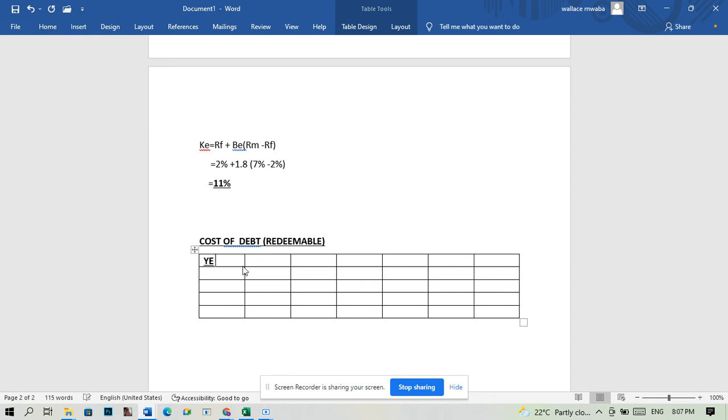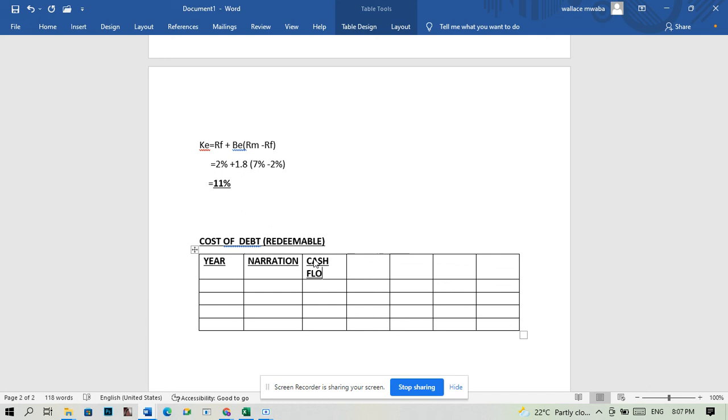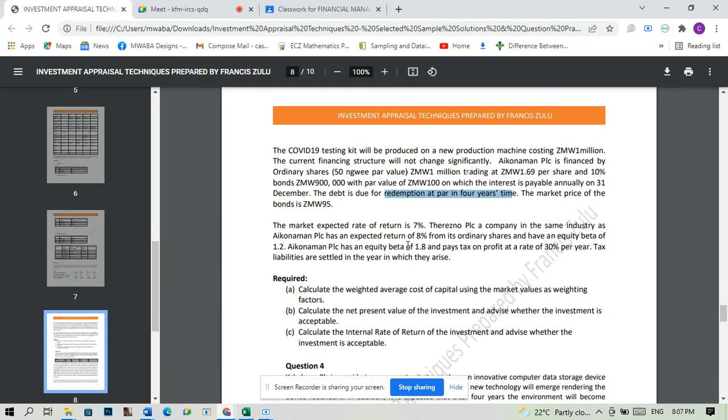All right, so here we're going to say year, narration. The discount factor is going to be at 10%, because this is the interest rate on the debt, this 10% bond.